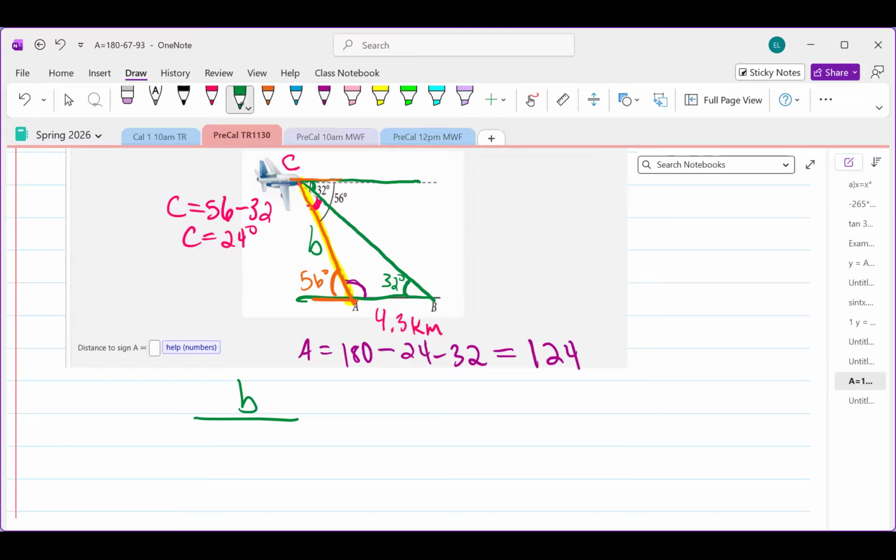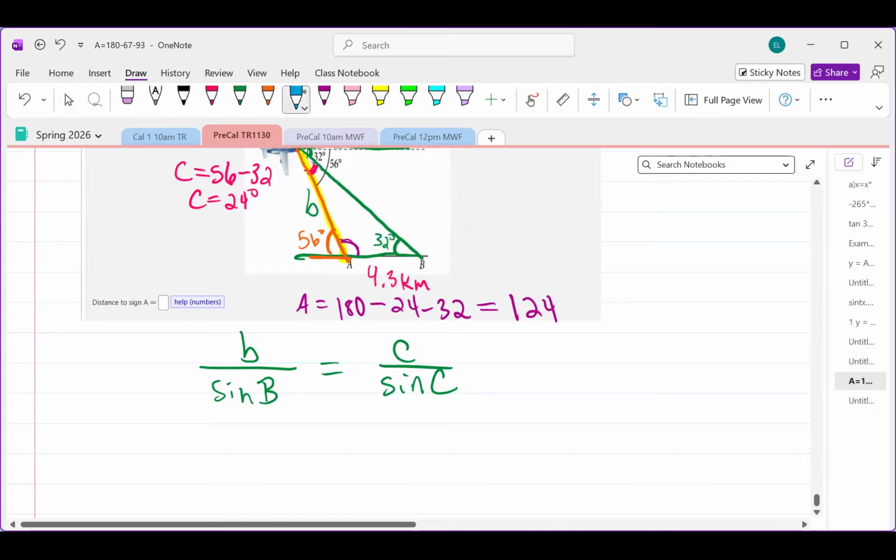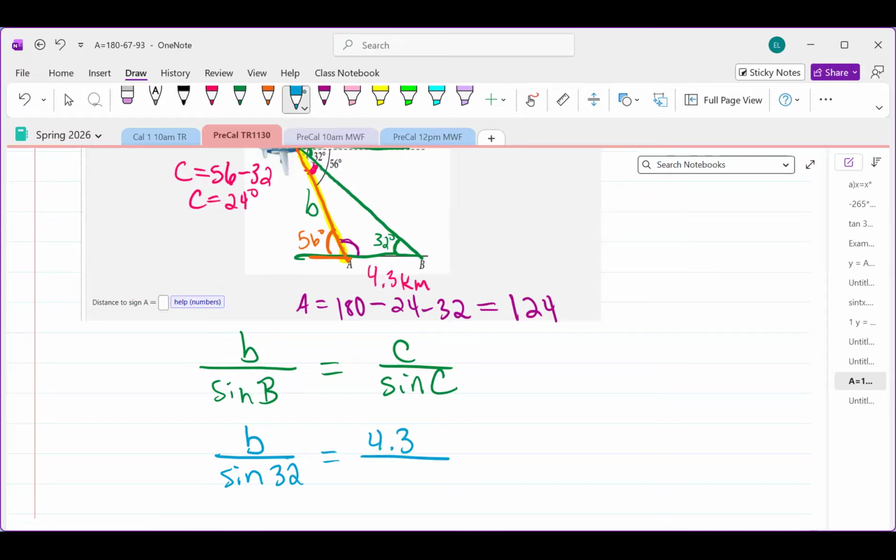But finishing our actual distance, side B over the sine of angle B has to equal side C over sine C. Now we fill in the pieces we know. I don't know side B, but I know angle B is 32. Side C is the 4.3 kilometers they told me.